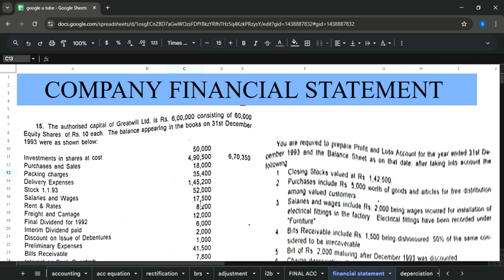After rent and rates, we have freight and carriage, and here again there is a debate. Freight and carriage, if they are inward, that would be considered direct expense, and if freight and carriage is outward, that would be considered operating expense. And it has not been mentioned over here whether it is out or in.